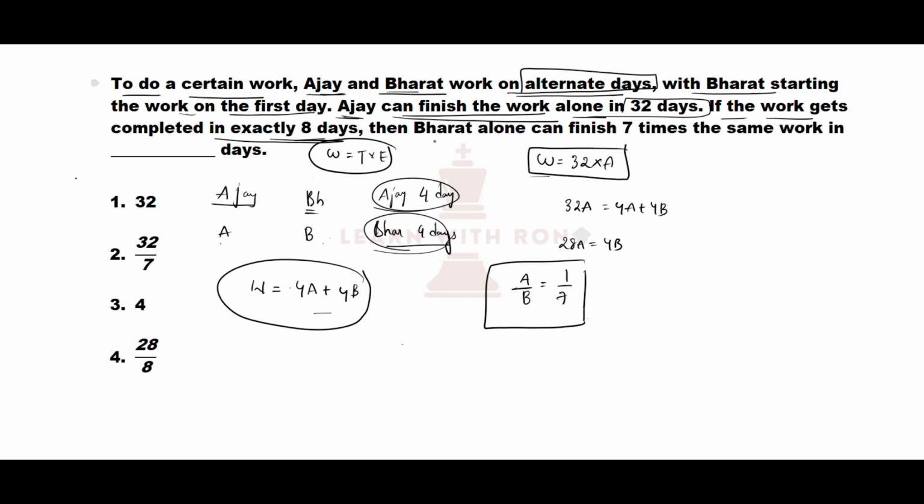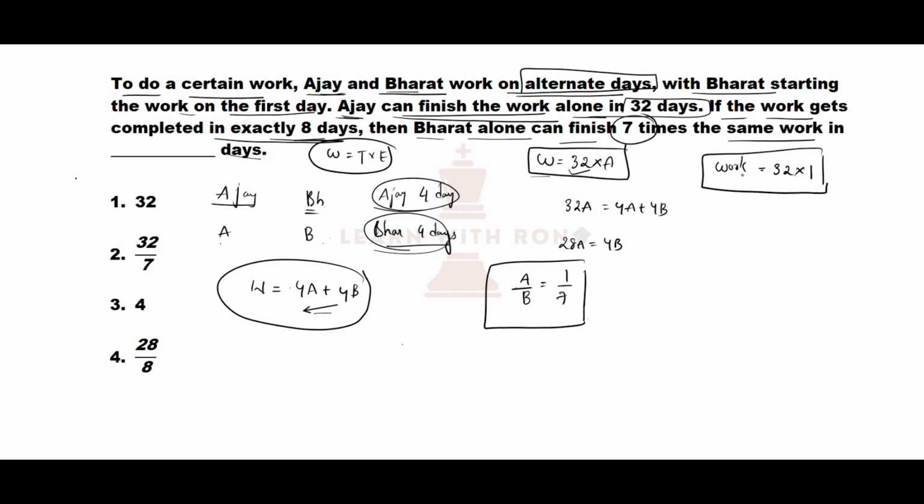Now what they have asked us: Bharat alone can finish 7 times the same work in how many days? See, what is the work here now? Either 32A or 4A plus 4B. If I take 32A, 32 into the efficiency of A, how much? 1. So this is the work.